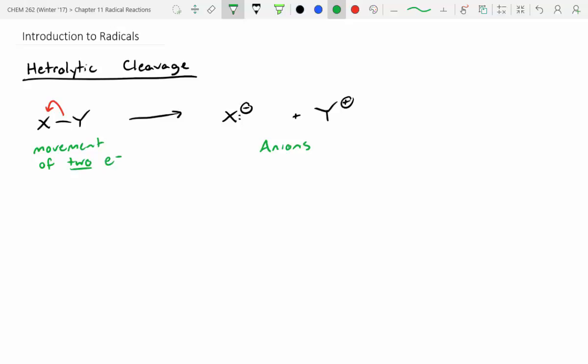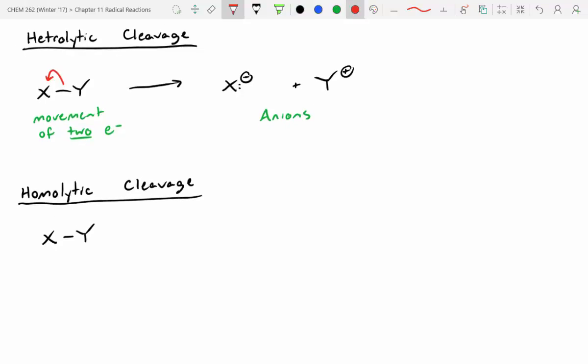This entire chapter, we're going to be looking at another type of reaction called homolytic cleavage, where instead of moving two electrons, we're going to move one electron. So let's take this same pair.